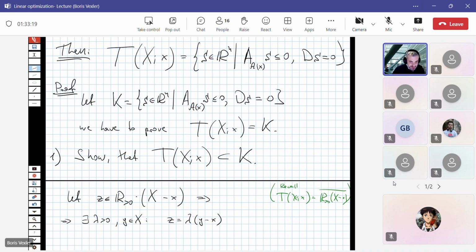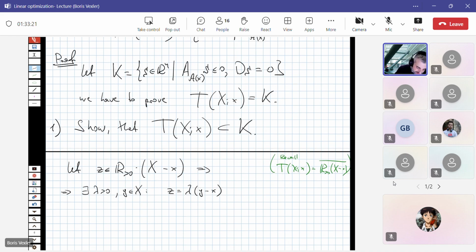Now we want to check that at least every such point is an element of K. How to check this? First of all, it's easier to check that D times z is equal to 0. Why?